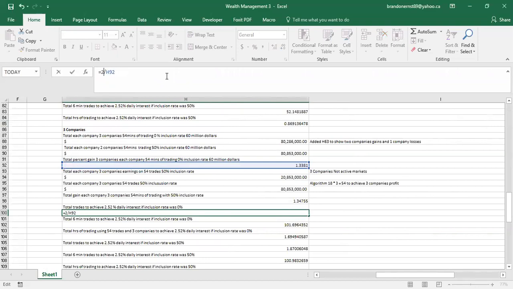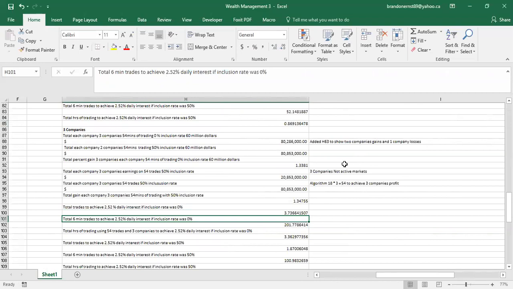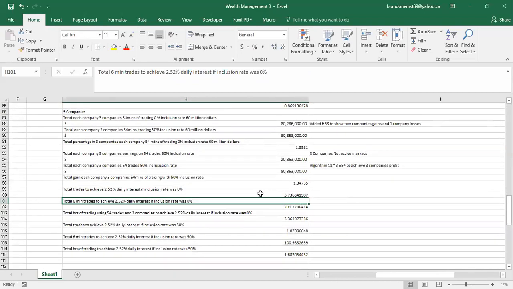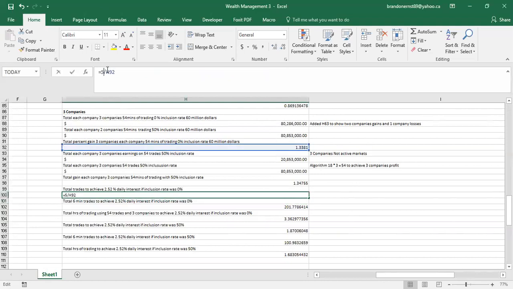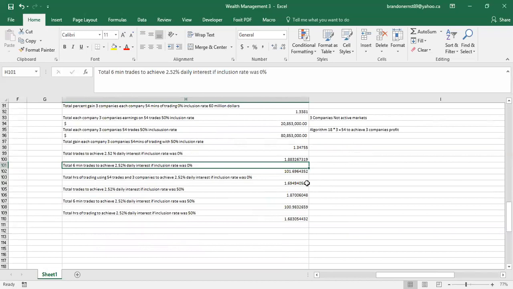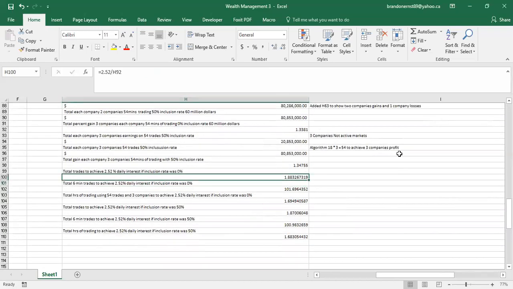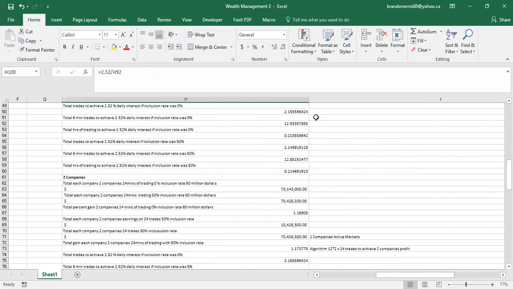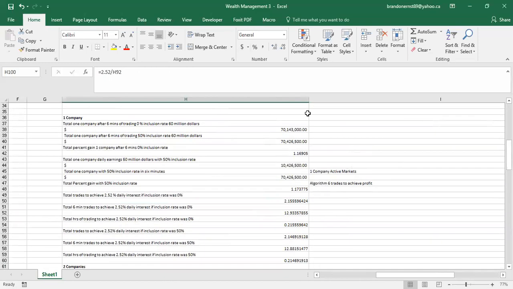Now it's going to take 3.7 to achieve that, but I'm going to leave it at 2.52 just to keep it going. 3.7 is the algorithm of 18 trades, so 3.7 times 54, right? So there's the algorithm.